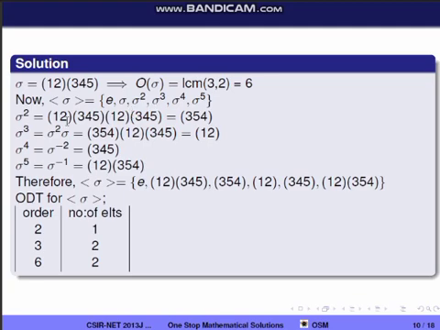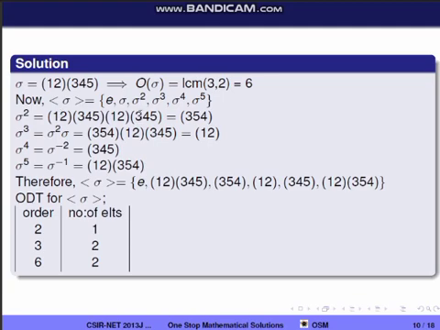So we are multiplying these two permutations. Now when we look here, in the second sigma, 1 is mapped to 2 and in the first one 2 is mapped to 1, so 1 is mapped to 1 itself. And again, 2 is mapped to 1 and 1 is mapped to 2, so 2 is mapped to 2 itself.